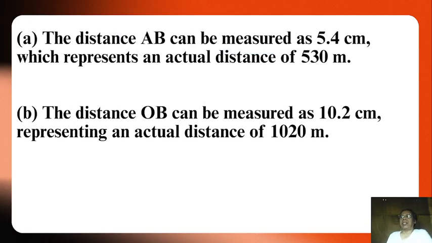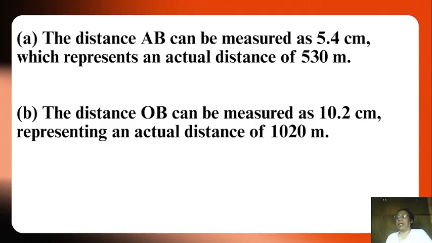So the distance AB can be measured as 5.4 centimeters. So 5.4 centimeters times 100 meters over 1 centimeter is equal to 540 meters. And that is the actual distance.